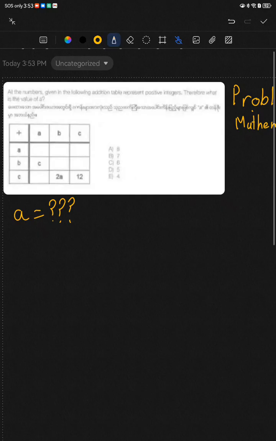So given b plus c is 2a. Okay? We'll write that out. b plus c is 2a. And this given here, c plus c is 12, which is just 2c.